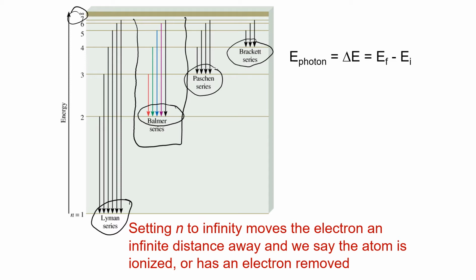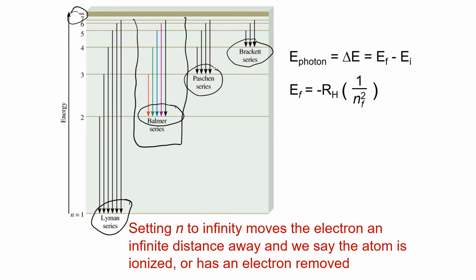So remember, we talked about state functions when we were discussing thermochemistry. The same applies to the energy of a photon, or the change in energy. We can calculate that using E final minus E initial. So energy is a state function.